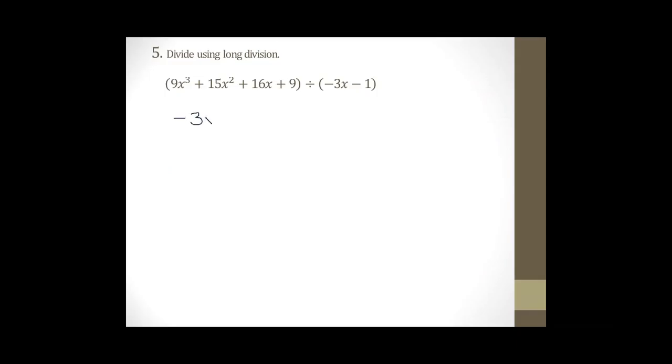So writing negative 3x minus 1 first, and then under my root, I'm putting the first part, so 9x cubed plus 15x squared, and then plus 16x and plus 9.